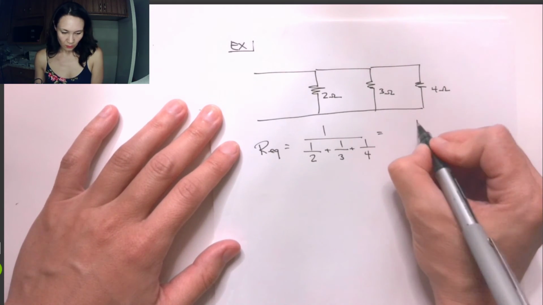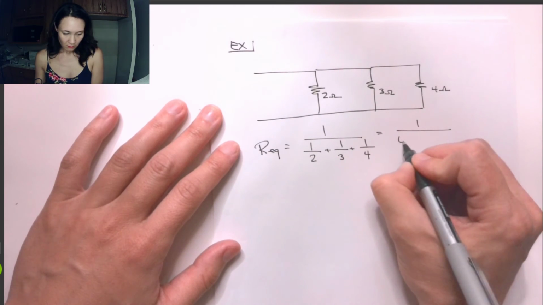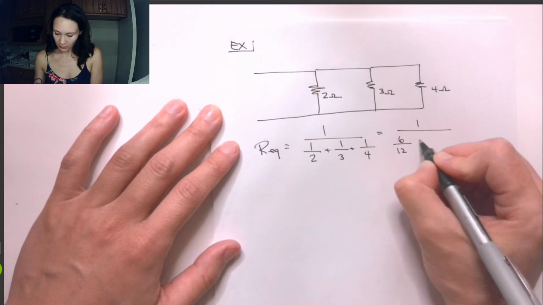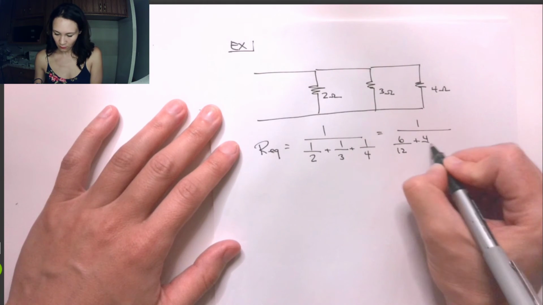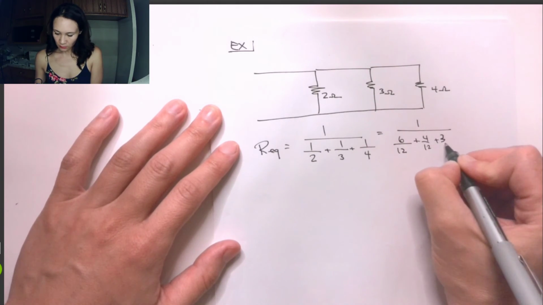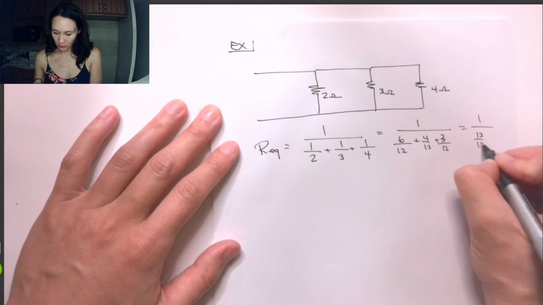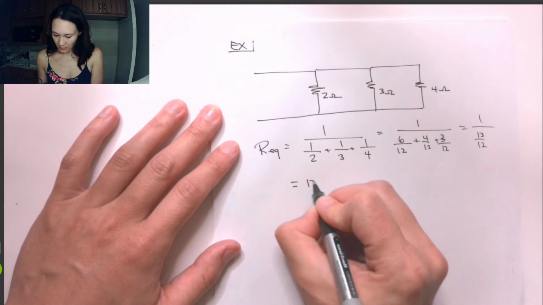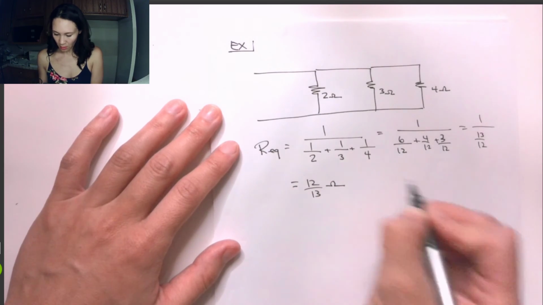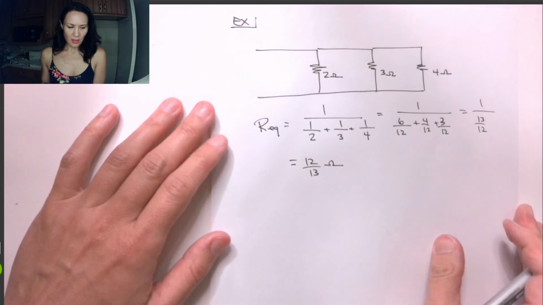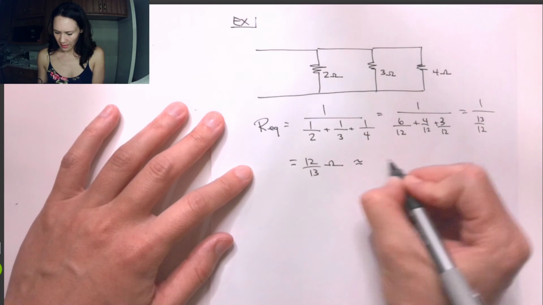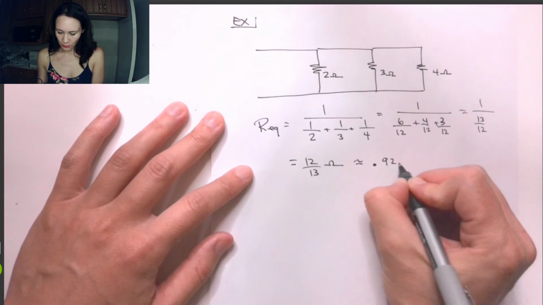I'm going to do a little bit of common denominators here. 6 over 12, 4 over 12, plus 3 over 12, so it gives us 13 over 12. So our R equivalent is 12 over 13 ohms. If I put that in my calculator, that's about equal to 0.92 ohms.